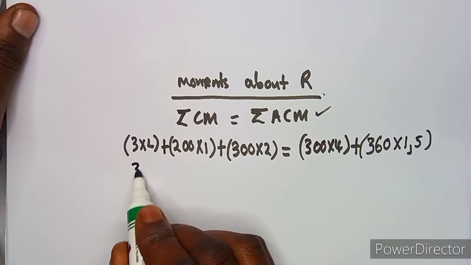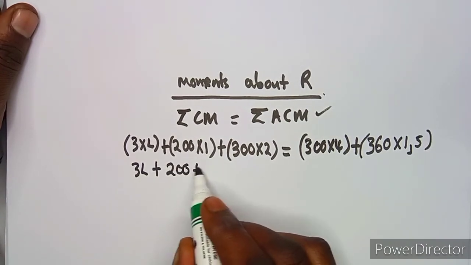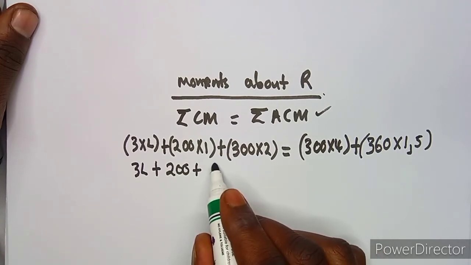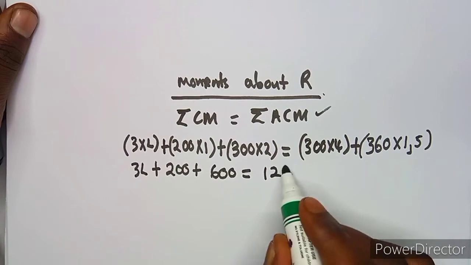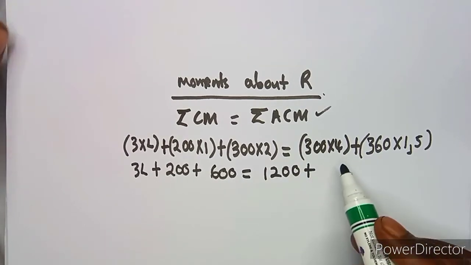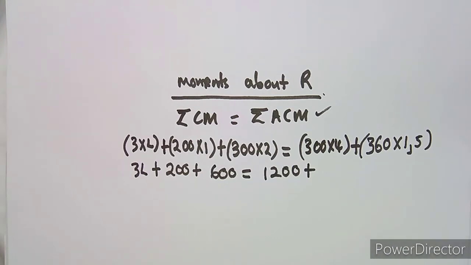Okay, so 3L plus 200 times 1, which is 200, plus this one is going to give you 600. Okay, so this one you just do the same, which is 1200 plus 360 times 1,5, which is going to give us a decimal there. Let's just see what you're going to have.